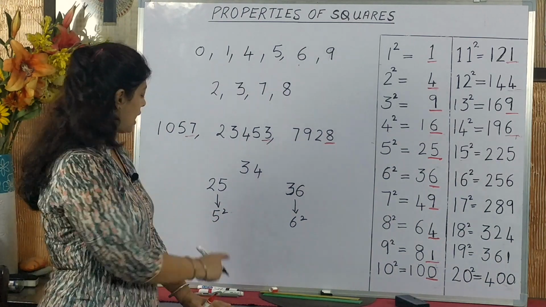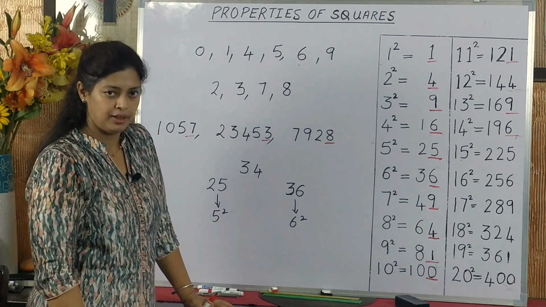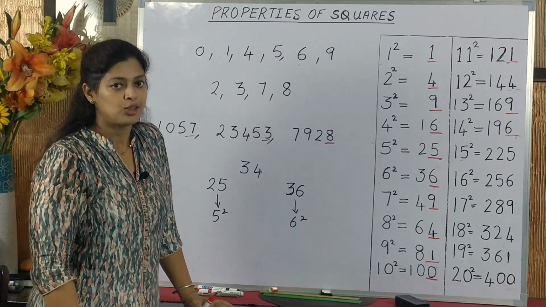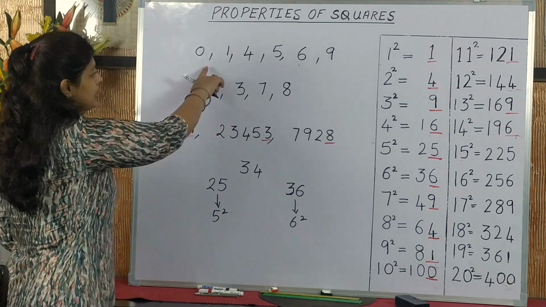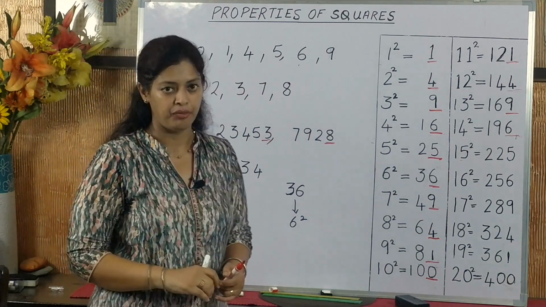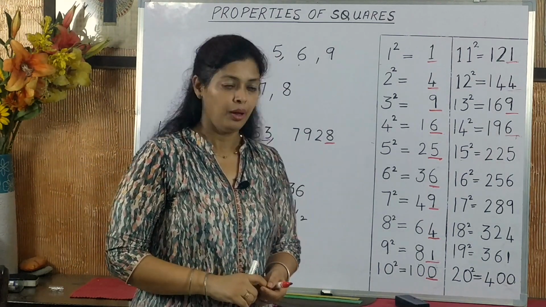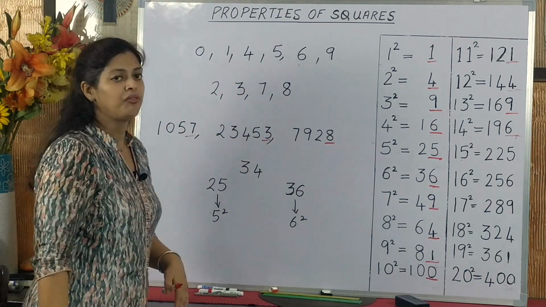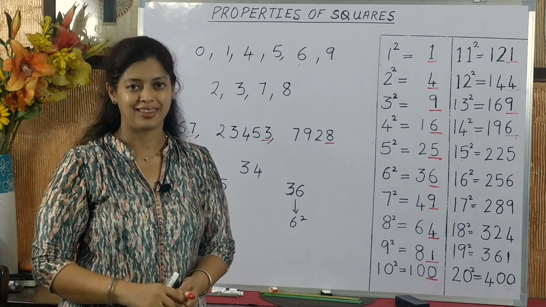That is, there is no natural number between 5 and 6. So we can say that 34 is not a perfect square number. So not every number ending in the digits 0, 1, 4, 5, 6 and 9 will be a perfect square number. But every number ending in the digits 2, 3, 7, 8 will not be a perfect square for sure.